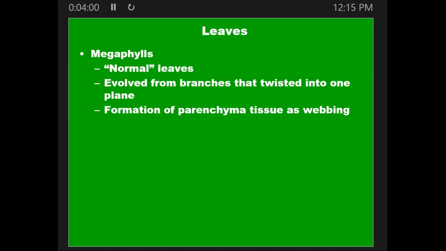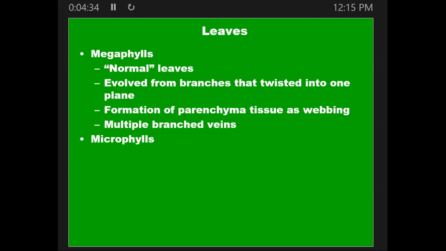And so basically, if you think about, I'll show you a picture of that, but if you think about my fingers on my hand being different branches, and what they're saying is that over time, the branches all went into one plane, and then it filled in with parenchyma tissue. And then that became what we see as the megaphyll or normal leaves that you think of. And I'll show you some pictures of that.